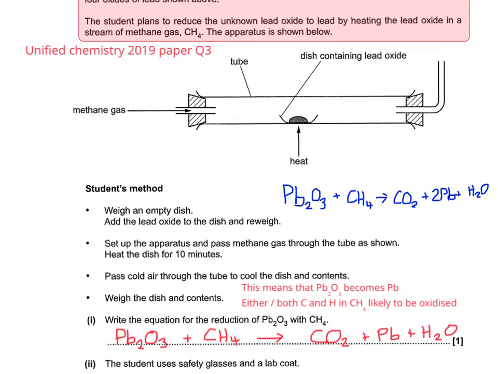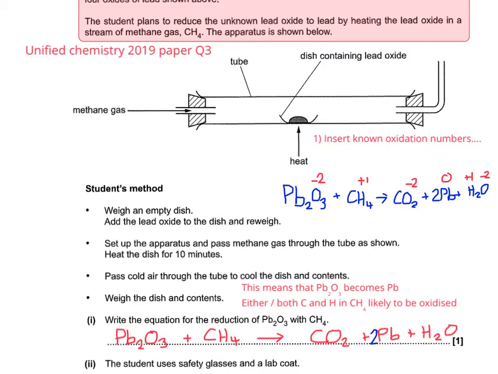I've already realized that there's 2 leads on the left and only 1 on the right, so I correct that. So the next thing to do is to insert known oxidation numbers. Now, the lead on the right-hand side is in the uncombined form, so that can take oxidation number 0.